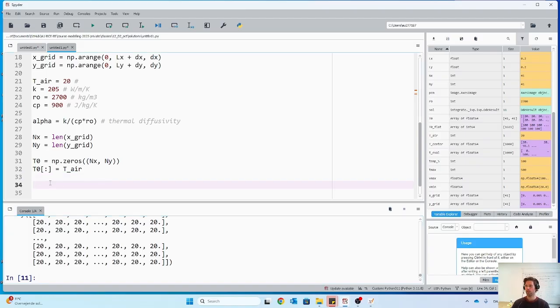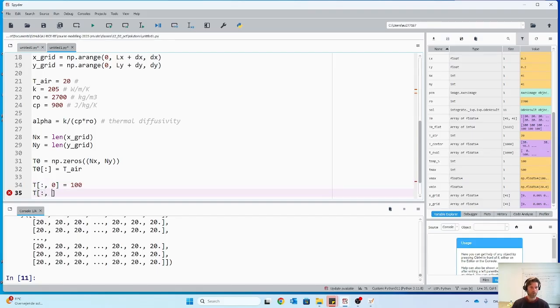And because we have Dirichlet boundary conditions, we can actually just set the edges equal to 100 degrees. So we do this by using indexing. So all rows and column 0 should be 100.